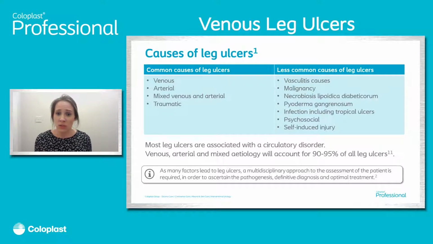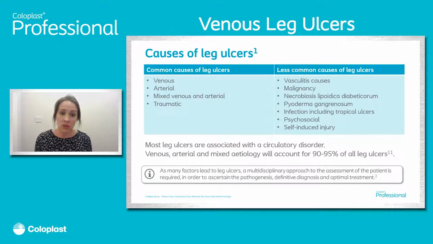Some of the less common things we see are things like pyoderma gangrenosum, an infection from a tropical ulcer or an insect bite, for example, self-induced injury, or malignancy. So again, less common, but we do see these sorts of things in practice from time to time.